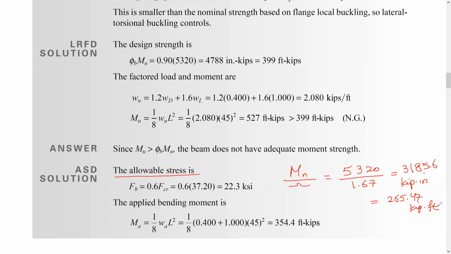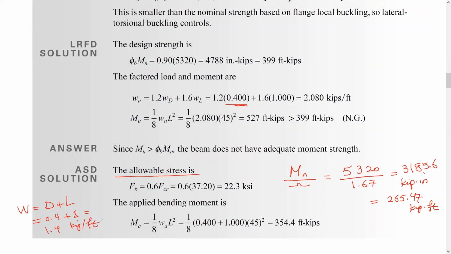Right now let's check the load we have. So the load is going to be dead load plus live load, and dead load is going to be 0.4 here, guys. This is kip per foot. Sorry, here 0.4 plus 1. So this is going to be 1.4 kip per foot.